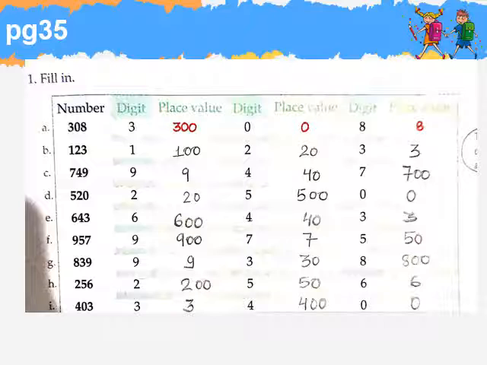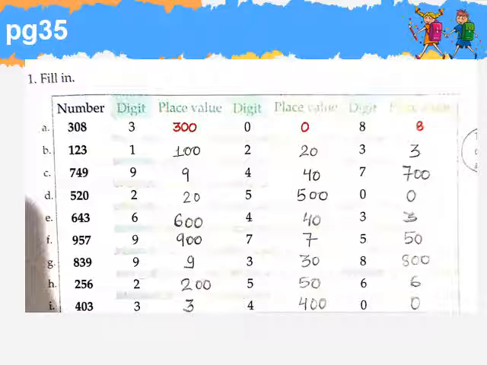Now children, G part. The number is 839. So the first digit is 9. 9 is at ones place. So its place value is 9. Now the next digit is 3.